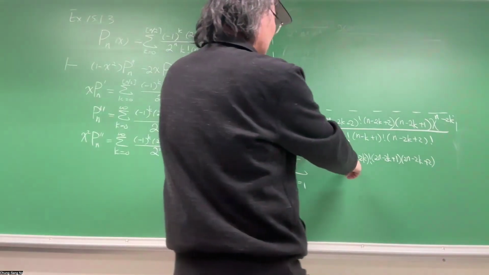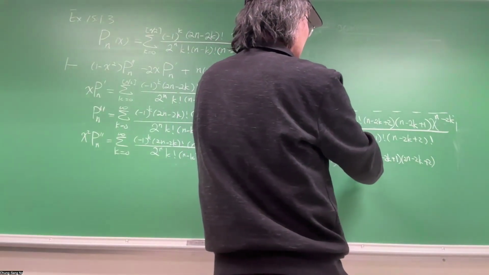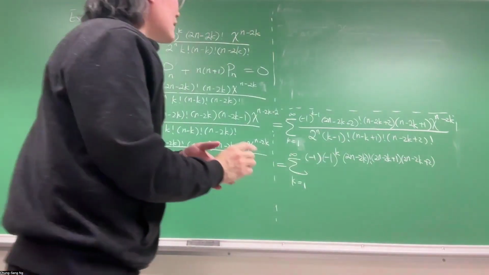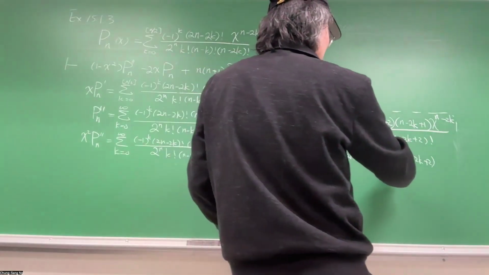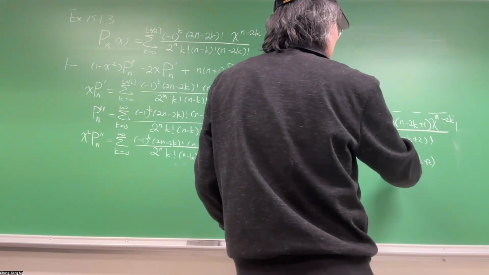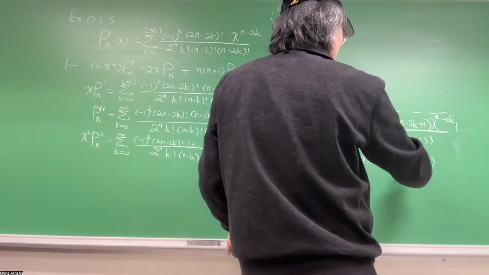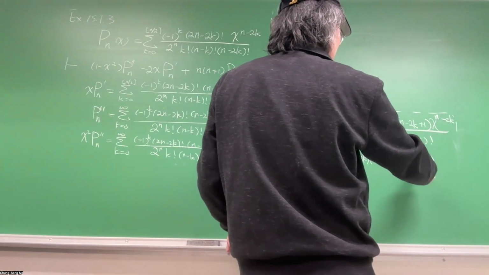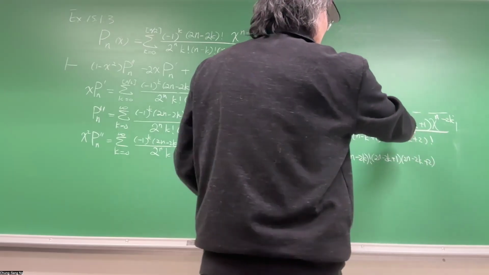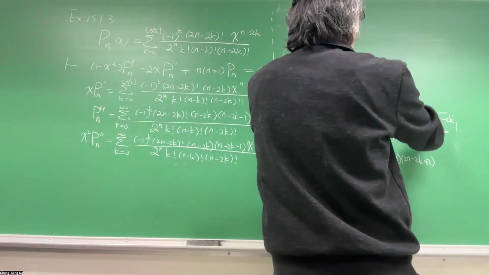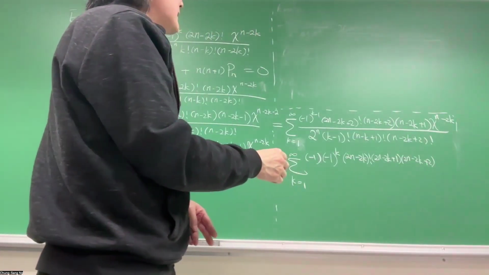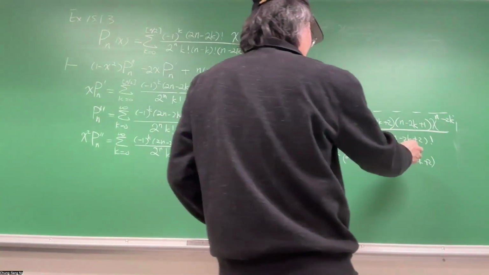But I try to get to n minus 2k factorial, and the n minus 2k plus 2, n minus 2k plus 1, which is exactly this one or that one. That's just n minus 2k plus 1. There's n minus 2k plus 2. This 2 is the same as this 2.